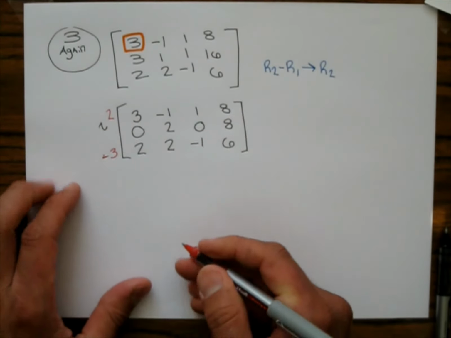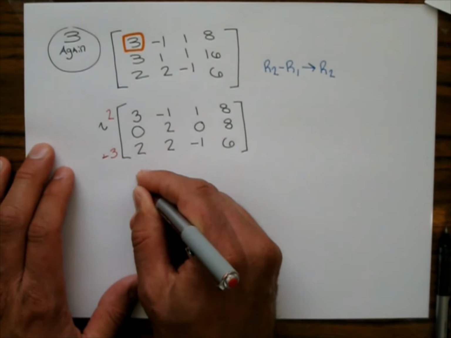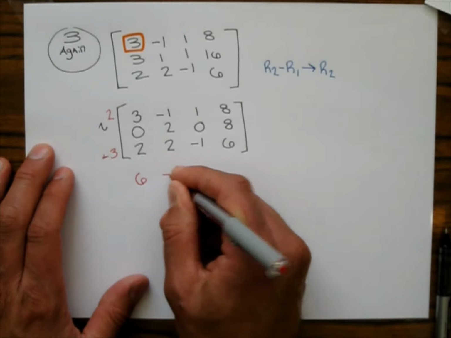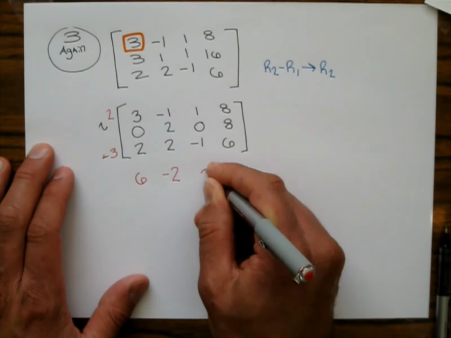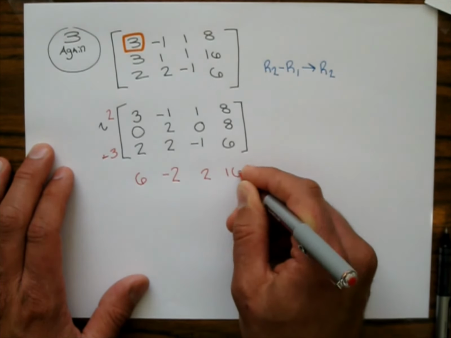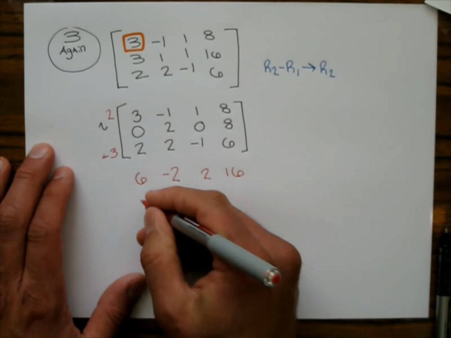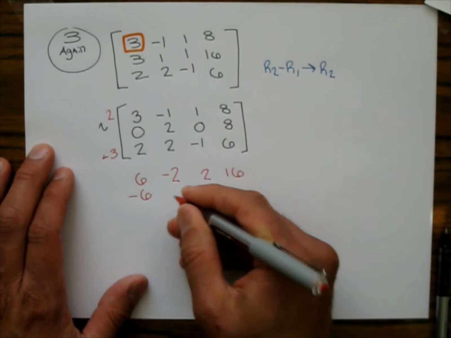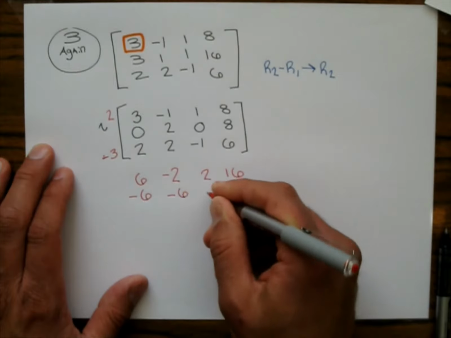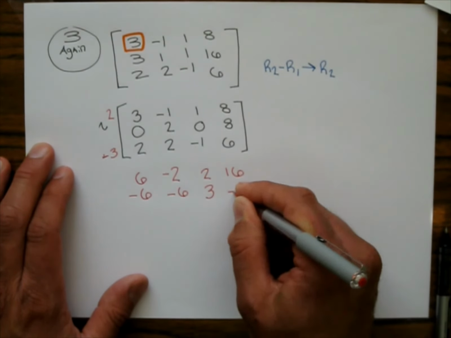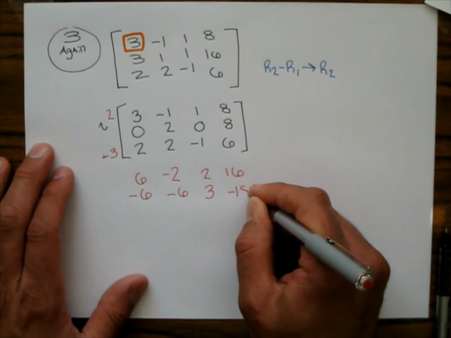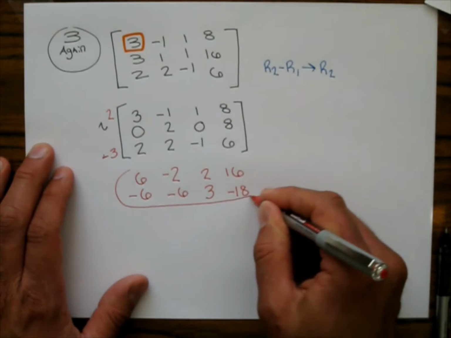Okay, so here's modified row 1. It's going to be 6, -2, 2, 16. And modified row 3 is going to give me -6, -6, +3, -18. I'm going to add those together.